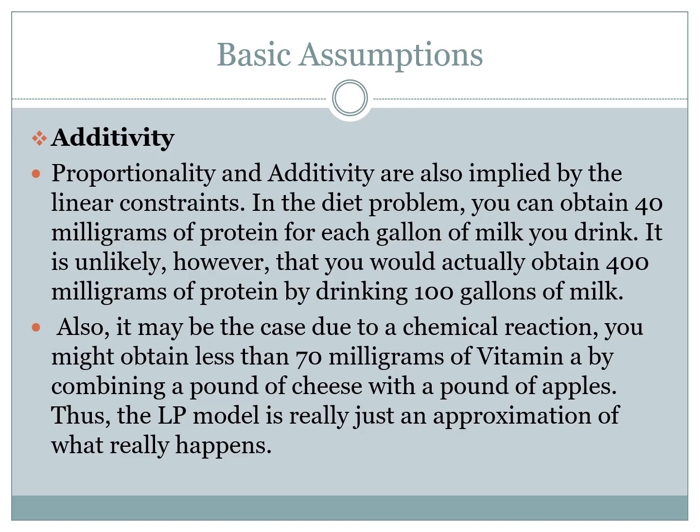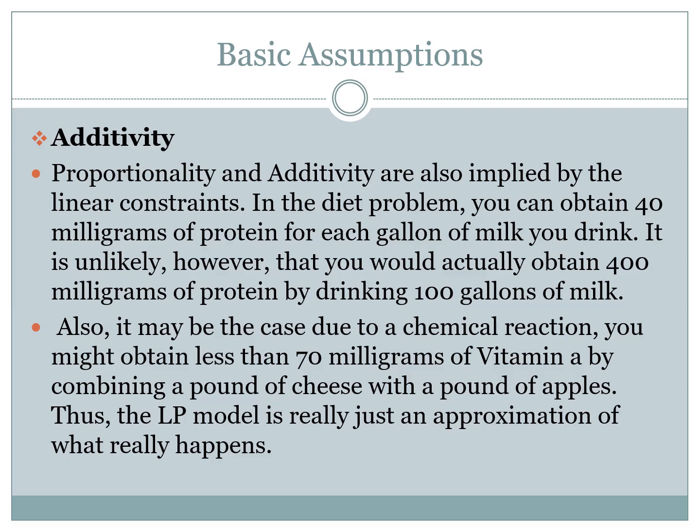The proportionality and additivity are also implied by the linear constraints. In the diet problem, you can obtain 40 milligrams of protein for each gallon of milk you drink.